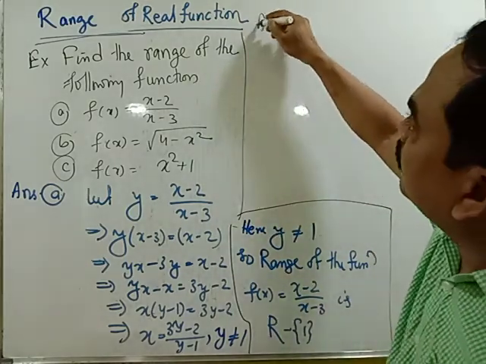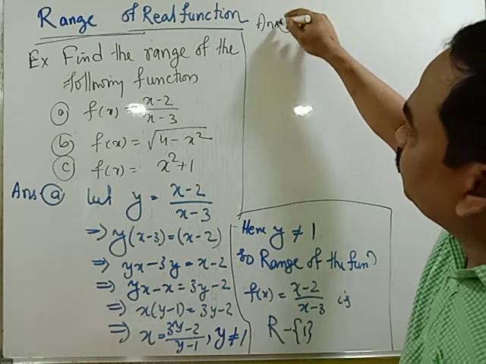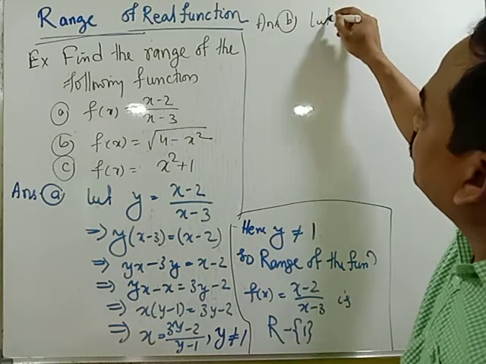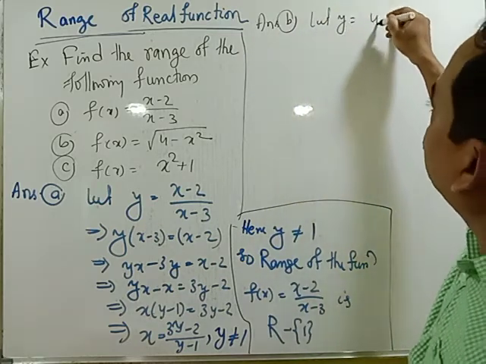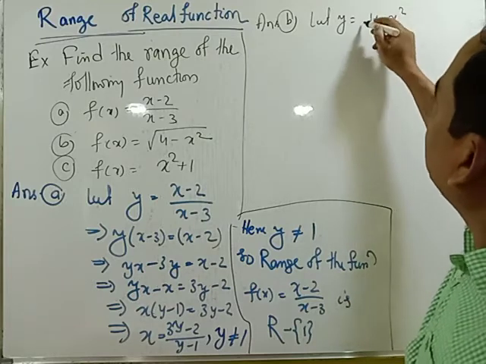Now answer B. Let y is equal to square root of 4 minus x square.